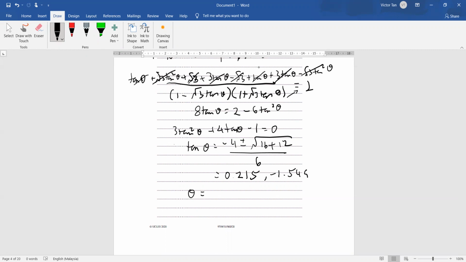So solving this, you get 12.1 degrees. And the other is in the second quadrant, negative, so this is 122.8 degrees. There we have it.